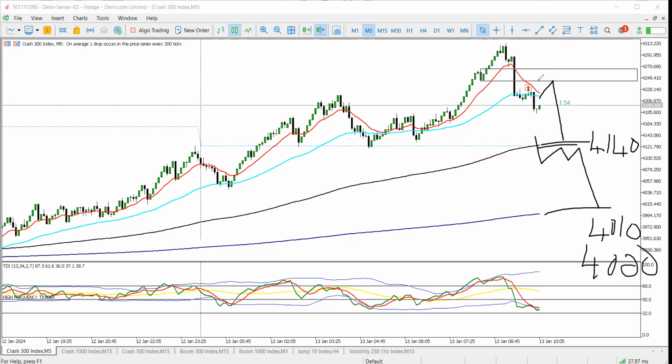Okay, so price can still potentially come back to around 42.45, which is around about this area here. 42.45, 42.50 is also a point of interest for sales. So that's my current view now.